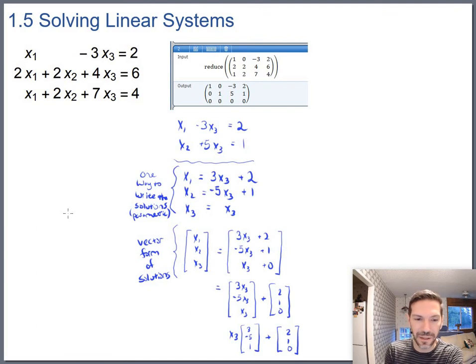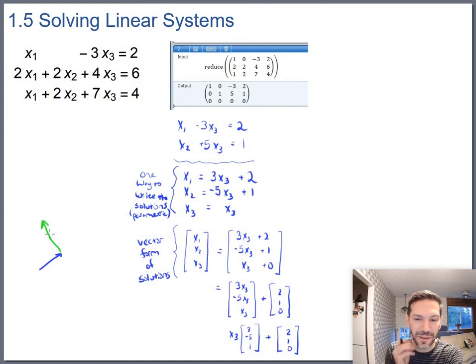Graphically, if you think about what that looks like, 2, 1, 0 is 2 over, 1 up in the y direction and none up in the z direction. There's 2, 1, 0, and then we add to that another vector, and you know how to add vectors, right? It's tip to tail. So we'll add to that 3, negative 5, 1. I can't draw it very well right here, but just pretend it goes that way.